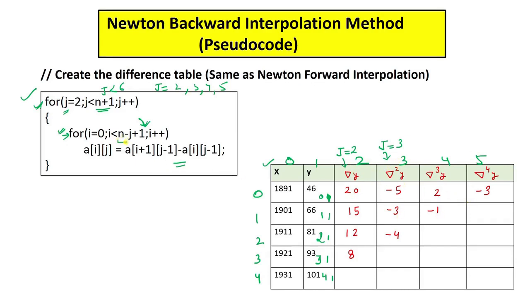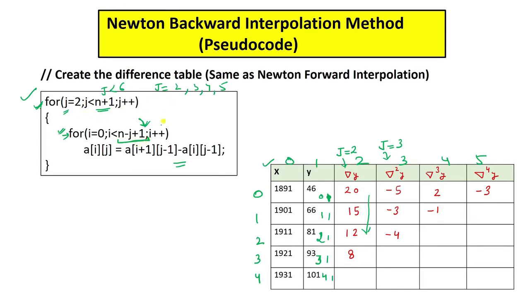You can see this inner loop is actually dependent on the jth value. In each of the columns the number of values is changing. In the first difference column we are finding 4 values, in the next column we are finding 3, then 2 values, then 1 value. So I change this limit every time depending on the jth value.